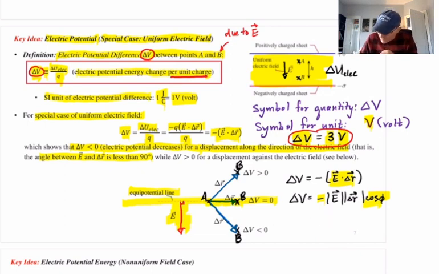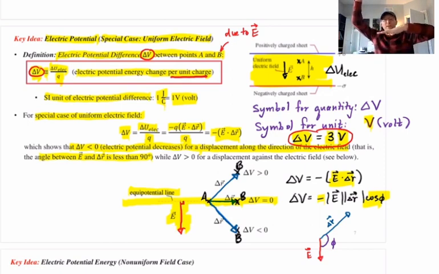Well, now the delta R points like that, but the electric field points down, so the phi that we have to use is in there. It's very clear that that angle is bigger than 90, and the cosine of an angle bigger than 90 is negative, so the cosine is negative, but there's a negative out front, so the delta V overall is positive. So if you go to a point above, against the field, the potential goes up.